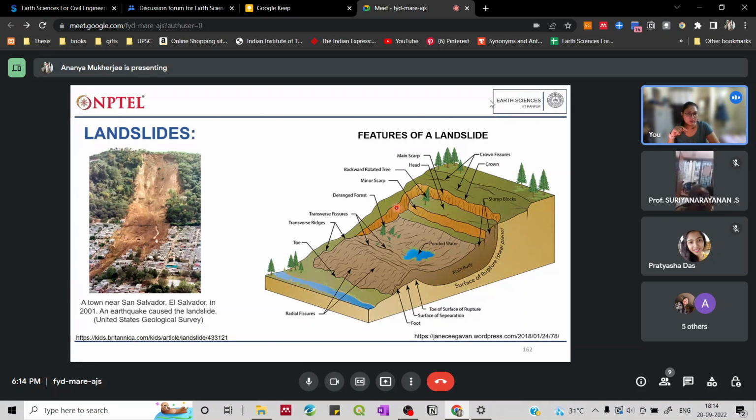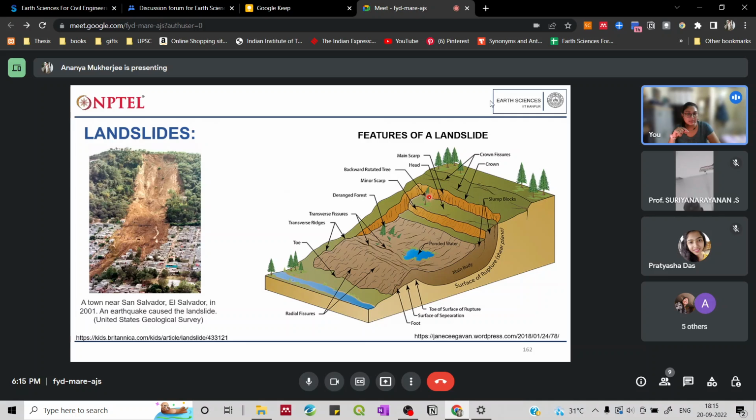You can see that it also forms a scarp, which we had learned about before, even in faults. And then you can see that this is a backward rotated tree. This is one of the signs which can tell us whether a landslide will probably take place, or it is a sign or a feature of areas where landslides occur.